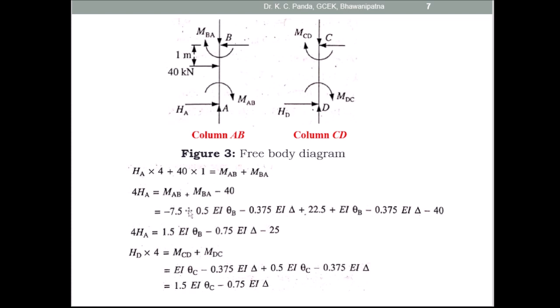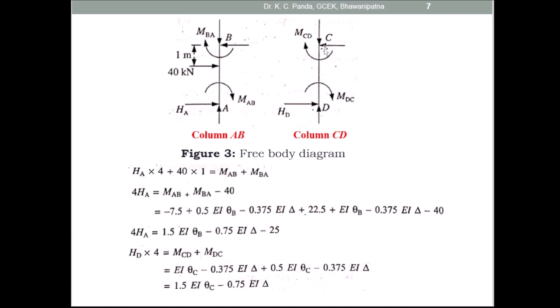After getting this expression, you know the value of MAB and MBA. So put the MAB and MBA values, then finally you get 4HA is equal to 1.5 EI theta B minus 0.75 EI delta minus 25. Similarly, take the column CD and take the moment about the joint C. Here the moments MDC and MCD are both clockwise moments, and the horizontal shear at D is HD.